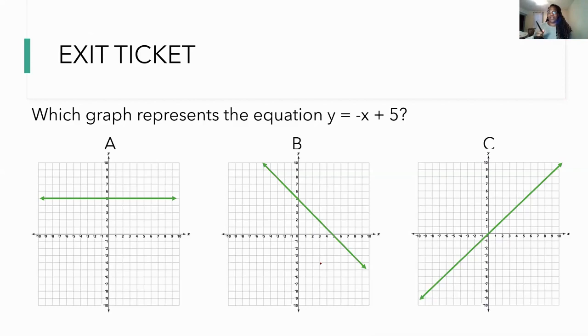So what we're going to do for our exit ticket, you're just going to tell me which graph represents the equation y equals negative x plus 5. So just by looking at it, is it graph A, graph B, or graph C? So you might have to do a table, figure out where your coordinates land, and which one has the best representation. All right, just a little spice of life, just a little bit different.